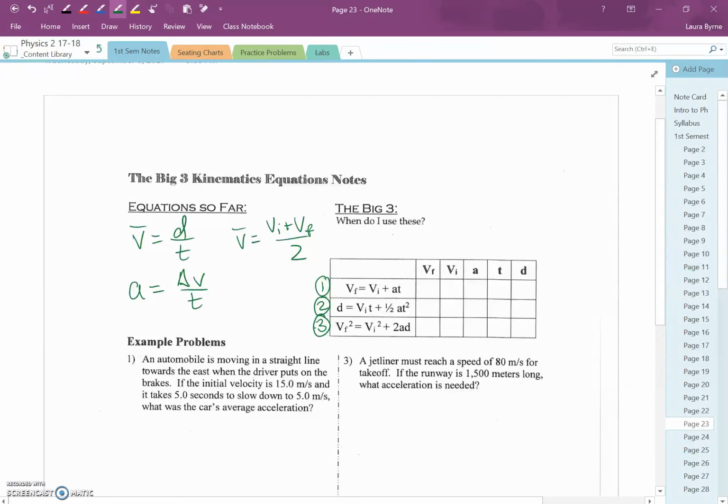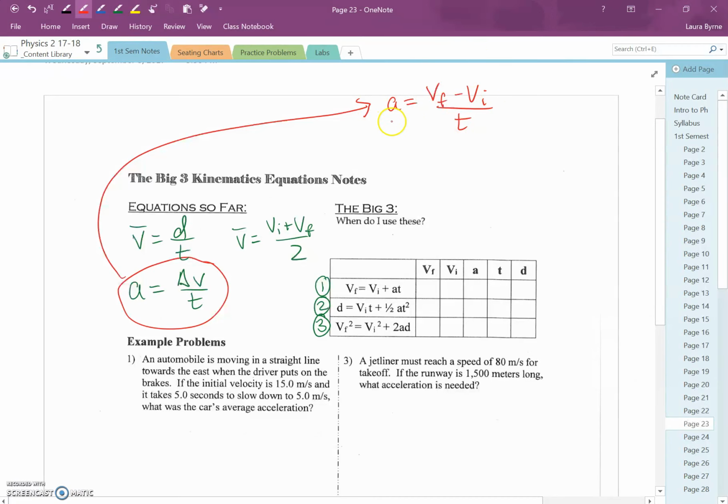So the first equation comes from the definition of acceleration. So if we rewrite this as v final minus v initial over time, we can rearrange this to have an expression which will give us the final velocity at any point in time if we know the acceleration.